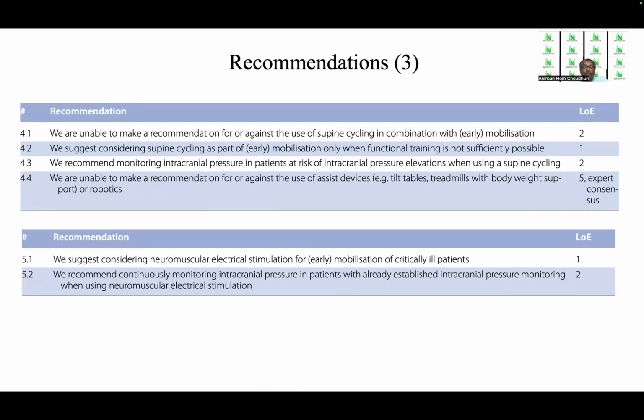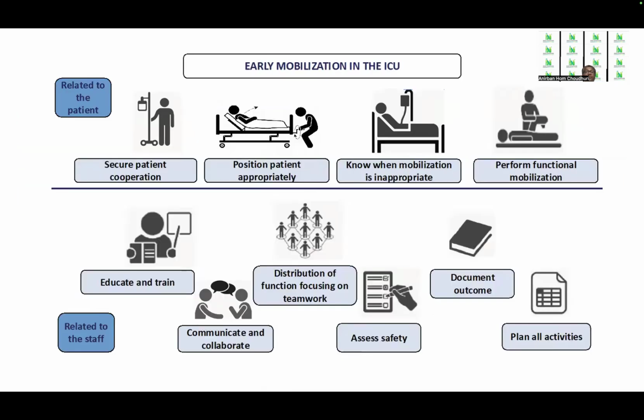The recommendation is that we suggest considering neuromuscular electrical stimulation, NMES, for early mobilization of critically ill patients. And the authors also recommend continuously monitoring ICP in patients with already established intracranial pressure elevation.